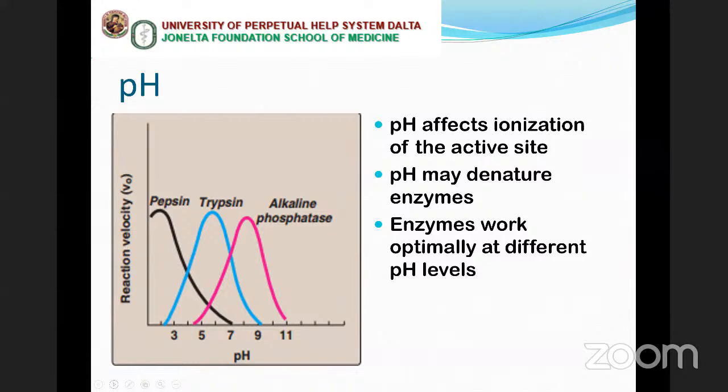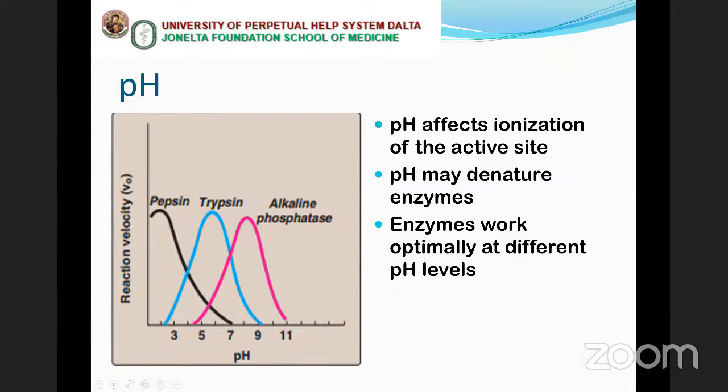Alkaline phosphatase would want your basic environment, and your trypsin would be around the middle. Okay. Why is it bell curved? Why is it not just at 7, it's at a peak, and then less than that, it will not work. So it follows a bell curve.